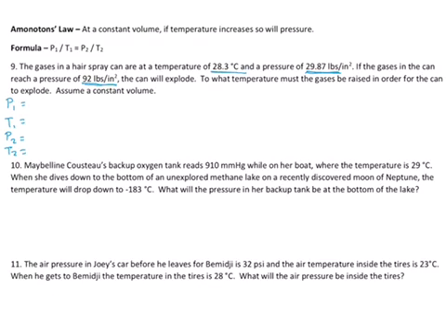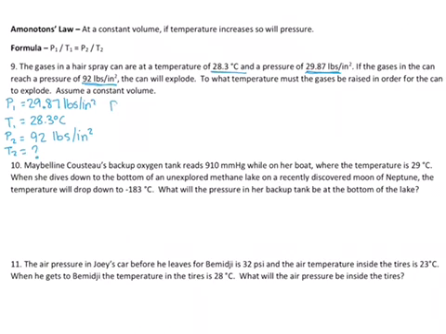To what temperature must the gases be raised in order for the can to explode? So we're starting with a temperature of 28.3 degrees Celsius and a pressure of 29.87 pounds per inch squared. Our second pressure is 92 pounds per inch squared, and we're trying to solve for our second temperature.